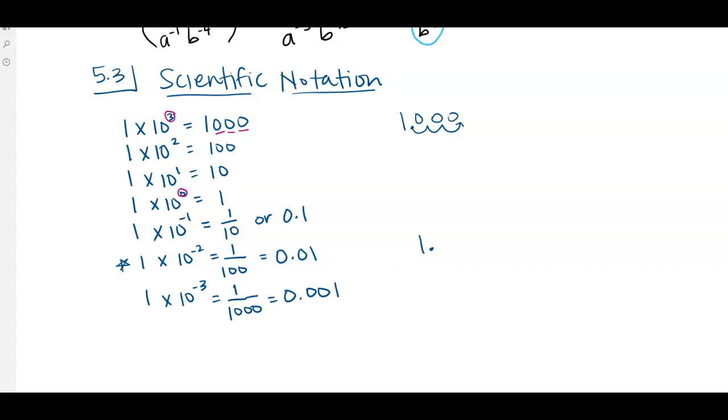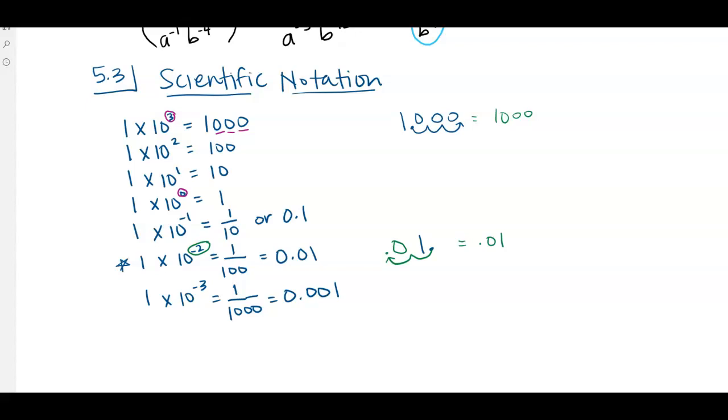Since it's negative, I'm going to be moving it left 2 on this one. So let me circle that here. This is telling me I'm moving it left 2 places. So 1, 2, and now my decimal point is there. So now my number really is 0.01, which is what I said that is. And this one is now 1,000.